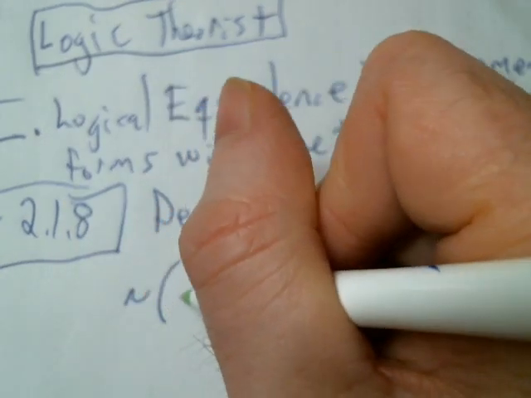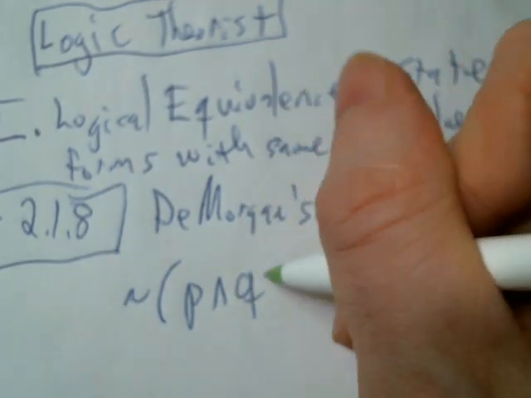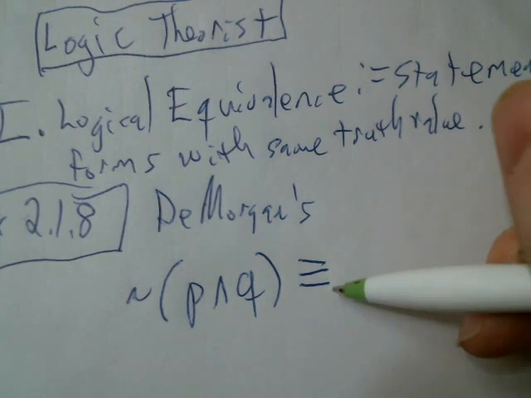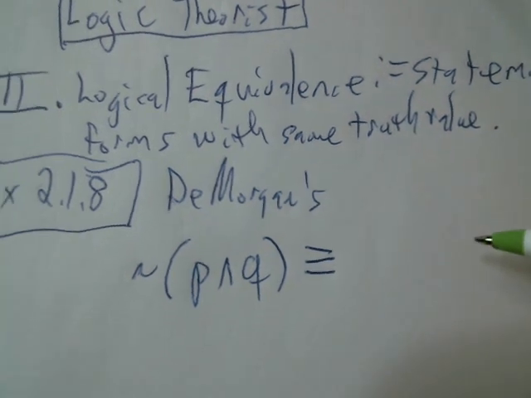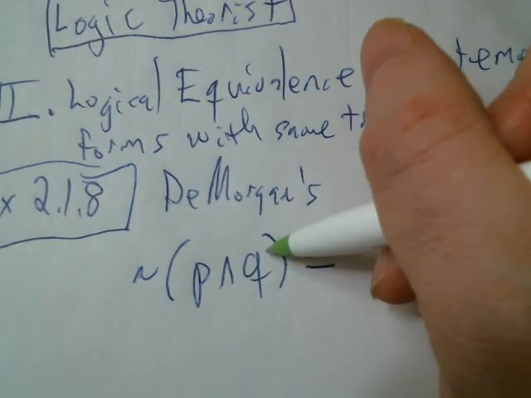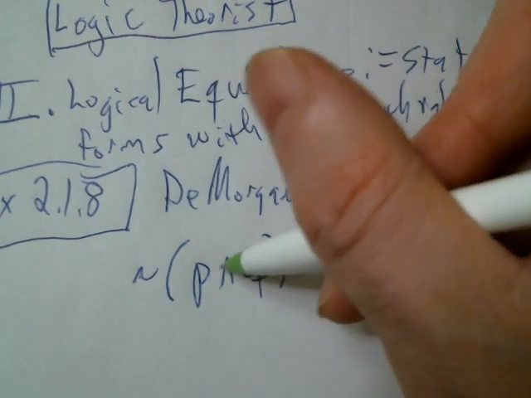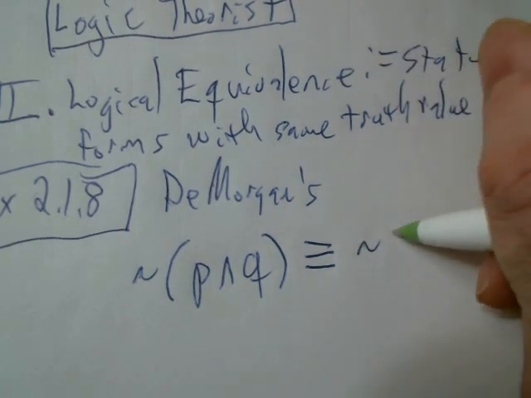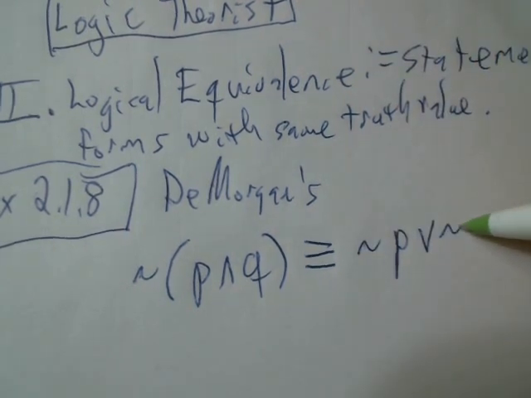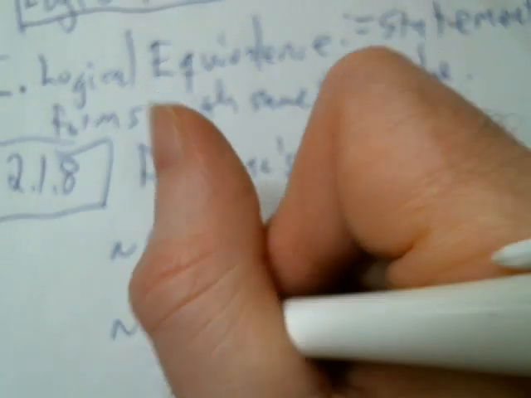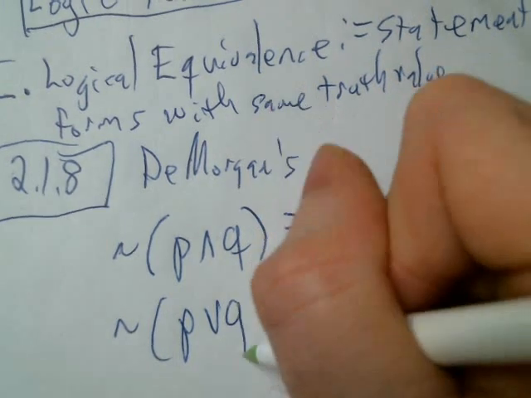If you have the negation of P and Q, that's going to be logically equivalent, and we'll use a triple equal sign to designate logical equivalence, to distributing this negation, and what will happen is it flips the conjunction. So this will be not P or not Q. Likewise, we could do the same thing with a disjunction.